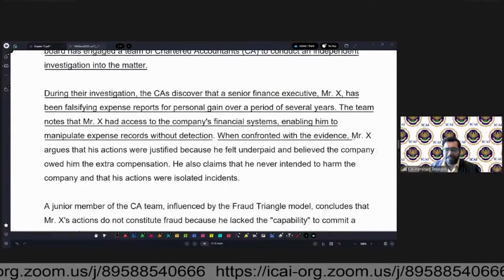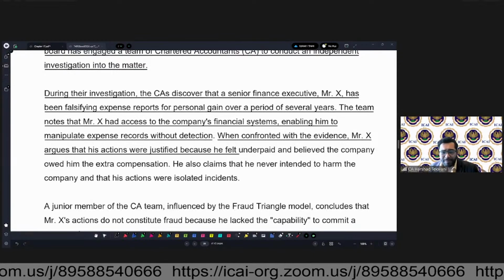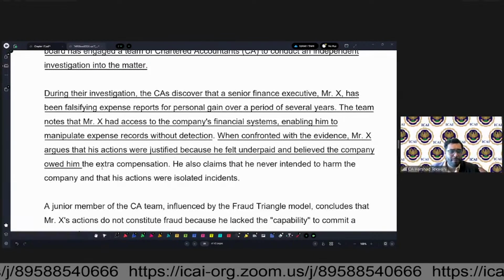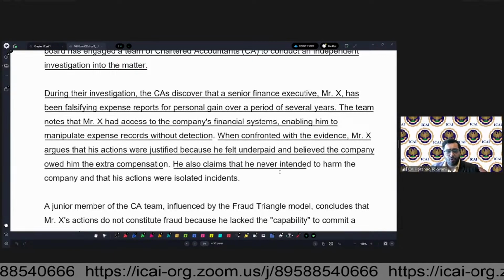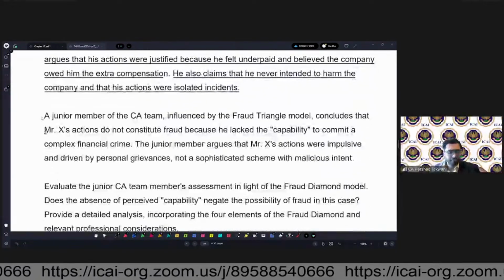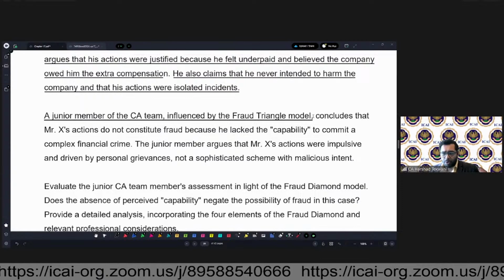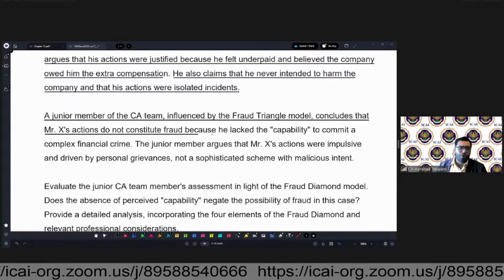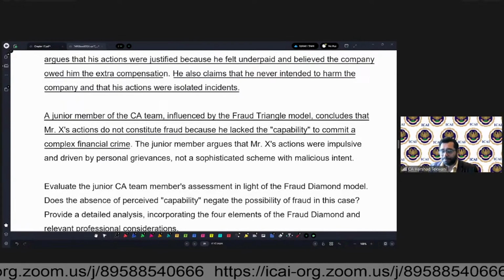When confronted with evidence, Mr. X argues that his actions were justified because he felt underpaid and believed that the company owed him extra compensation. He also claims that he never intended to harm the company and that his actions were isolated incidents. A junior member of the CA team, influenced by the fraud triangle model, concludes that Mr. X's actions do not constitute fraud because he lacked the capability to commit a complex financial crime.